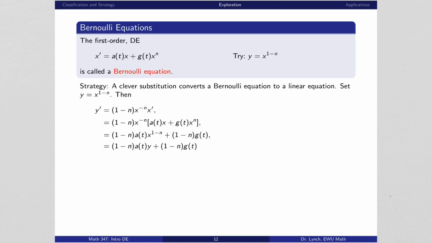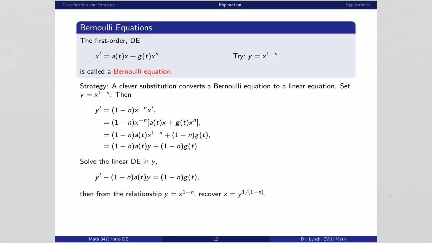Of course, if x prime is a of t times x plus g of t times x to the n, we can substitute that, simplify, and it turns out that this last line, 1 minus n times a of t times y plus 1 minus n times g of t, is linear in the unknown function y.